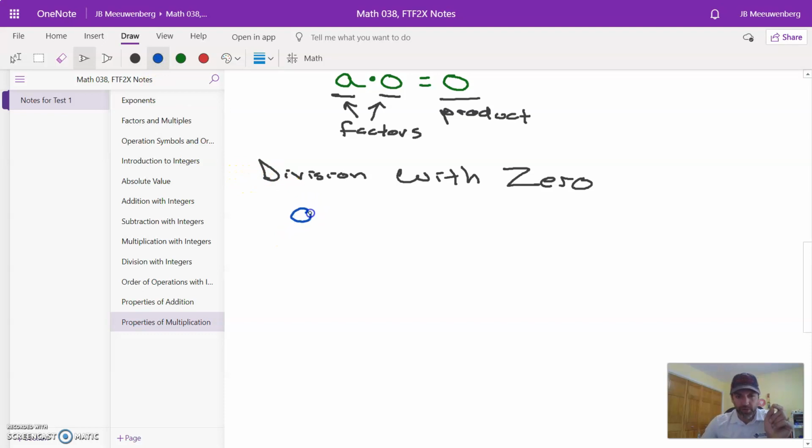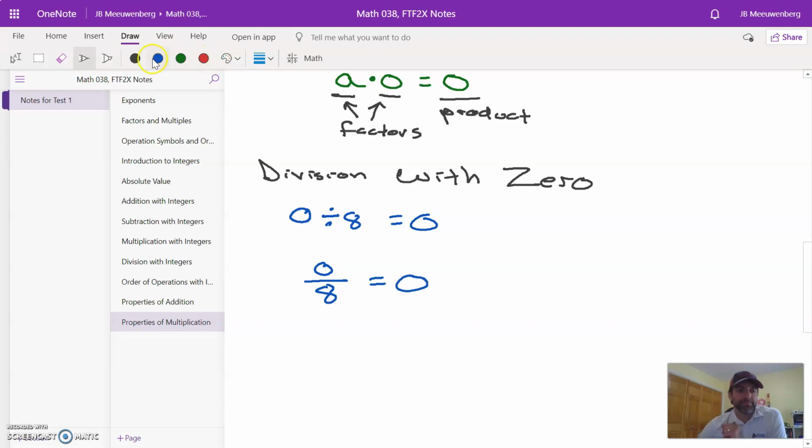So I'm going to start with 0 divided by 8, or I'll even write it as a fraction, 0 divided by 8. Okay, these both mean the same thing. We're taking 0 and we're dividing it by 8. Both of these equal 0. You can take the number 0 and divide it by something. You just end up with 0.